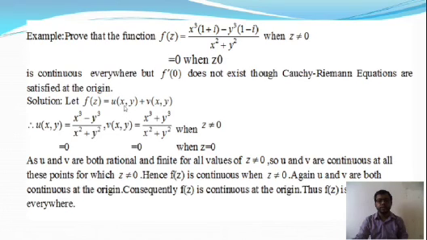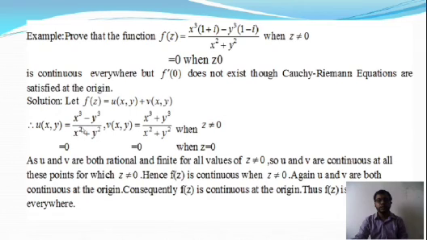So here, after simplifying this, we will get u(x, y) is equal to (x cubed minus y cubed) by x squared plus y squared, and v(x, y) is equal to (x cubed plus y cubed) by x squared plus y squared, and u is equal to 0 when z is equal to 0, as well as v is equal to 0 when z is equal to 0. So both functions are continuous when z is not equal to 0.